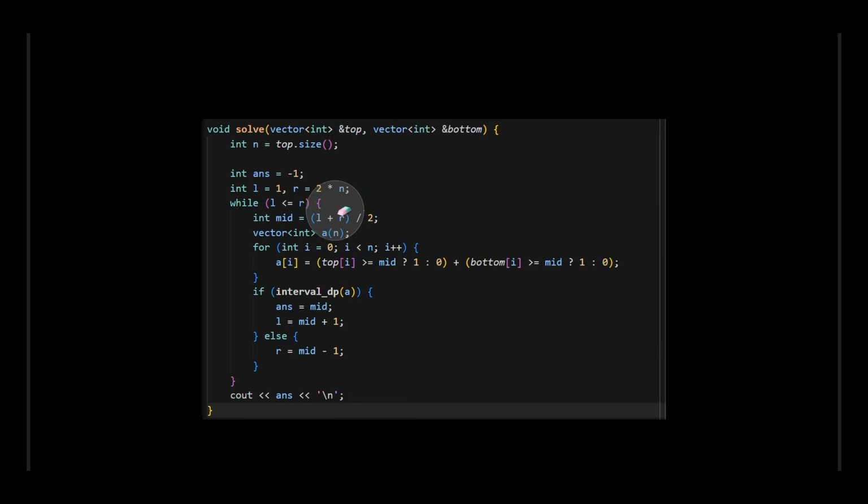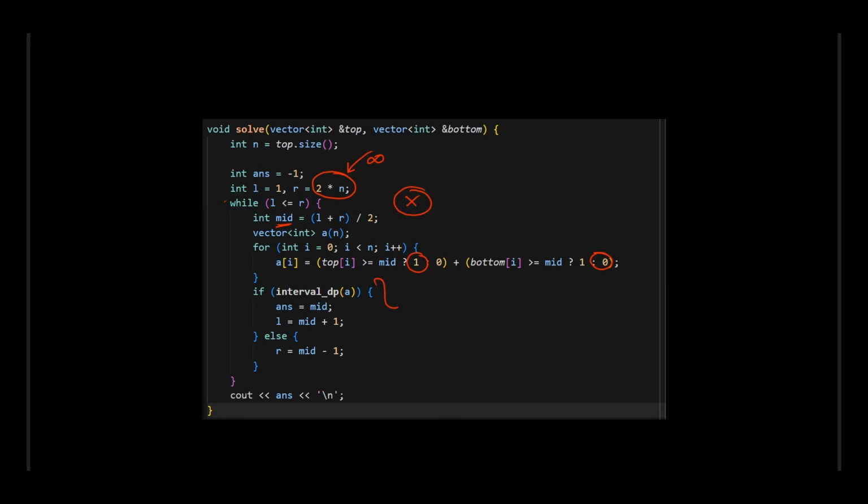And then you do a binary search. In this problem the highest value is 2 into n, but this algorithm will still work if the highest value is infinity, like let's say 10 to the power 18. Then you fix the threshold as x, and all the elements that are greater than or equal to x will be counted as 1, and all the elements that are smaller than x will be counted as 0.